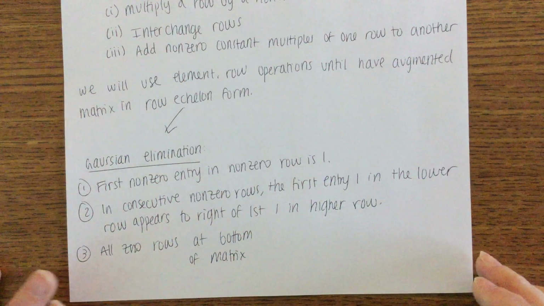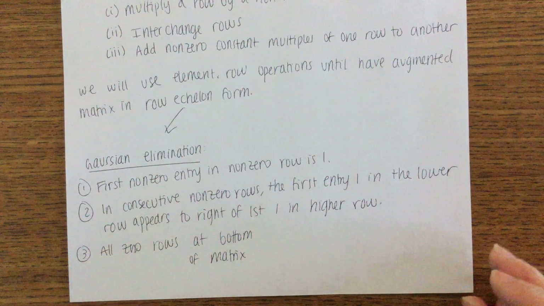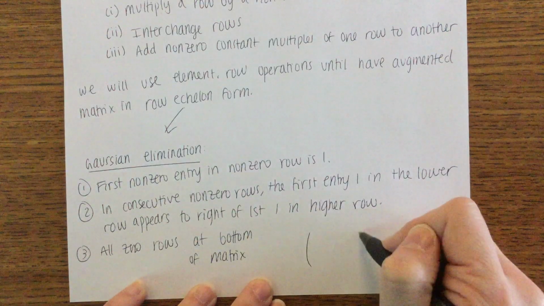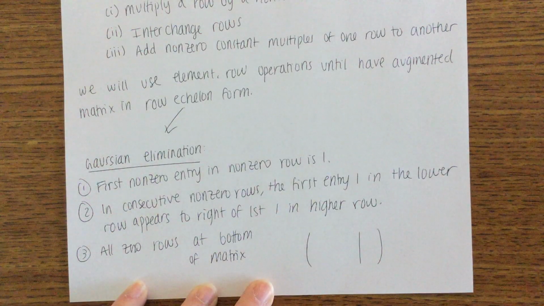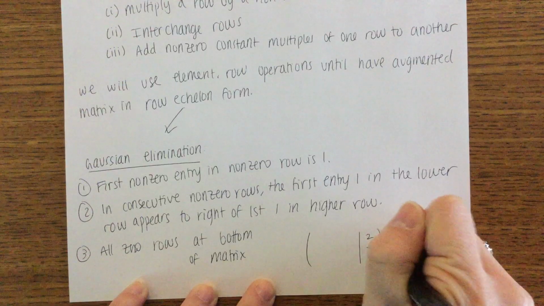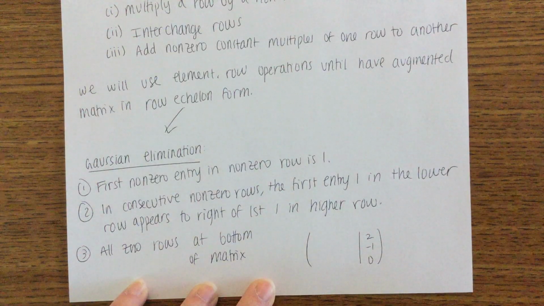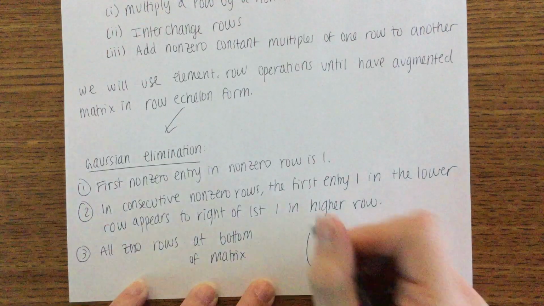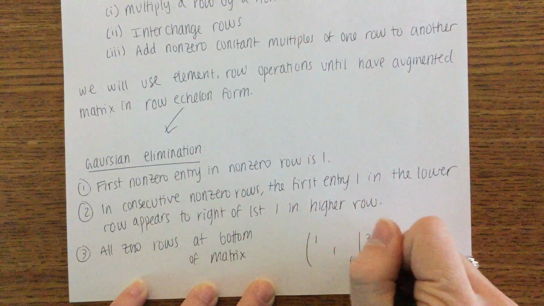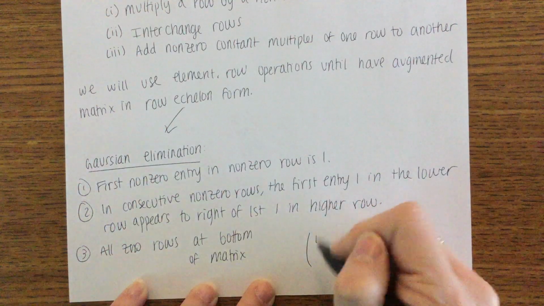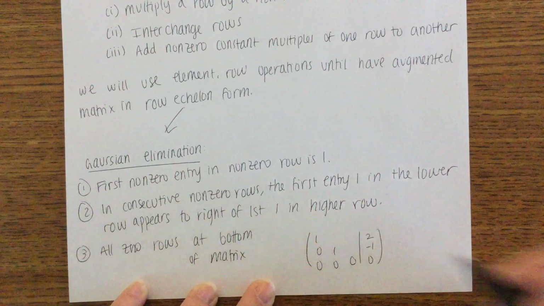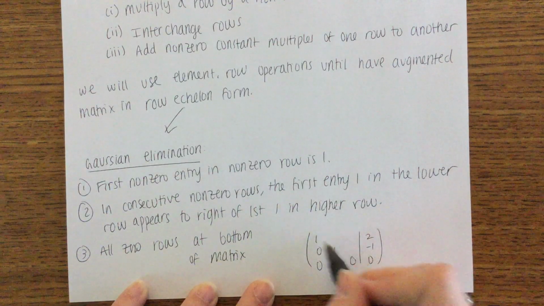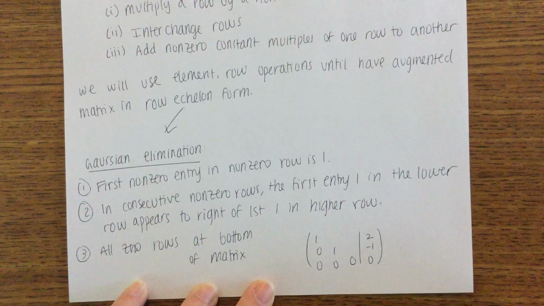Okay, I know that's a lot of words, so I'm going to show you what I mean. You're going to have an augmented matrix. You're going to have some numbers here. The diagonal has to have 1s or 0s. Everything below that is going to be a 0. Up here are any free numbers.